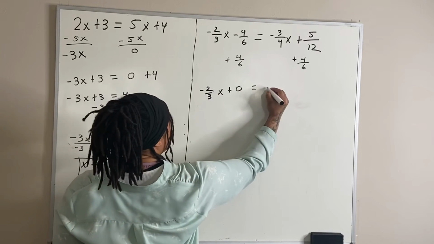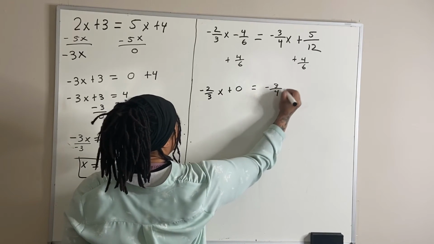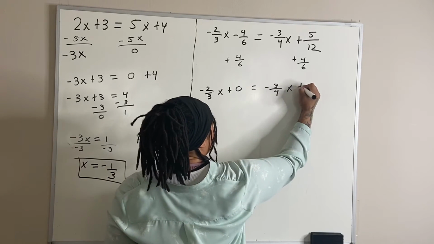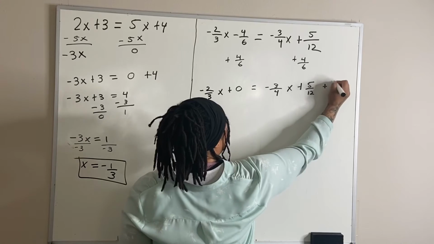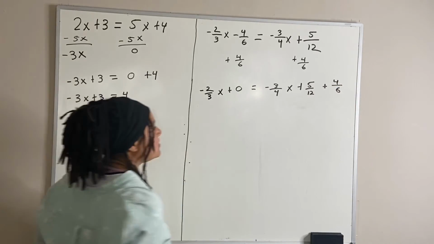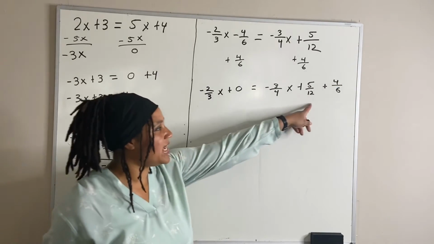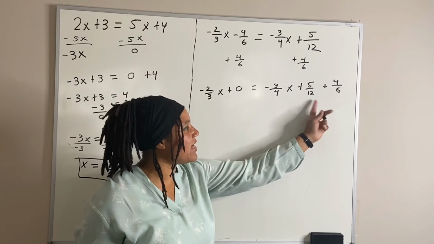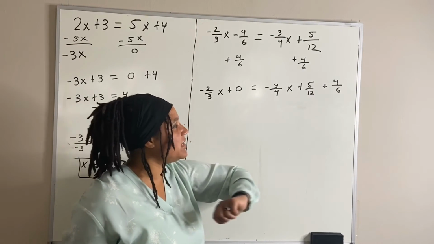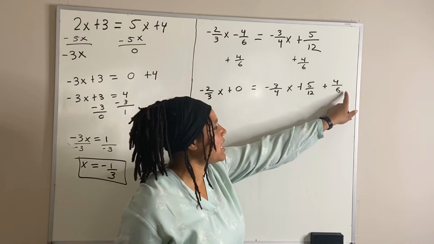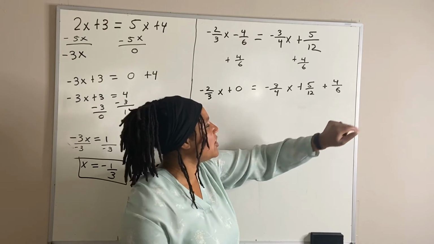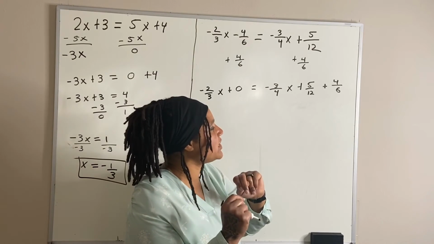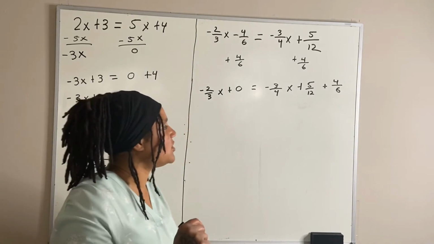Plus 0 is equal to negative 3/4 x plus 5/12 plus 4/6. Okay, we need a common denominator here. To add these two together, the common denominator will be a 12, which means I need to multiply this fraction, the numerator and the denominator, by a 2. That's how we're going to make this denominator a 12.